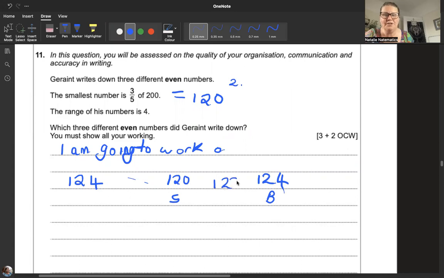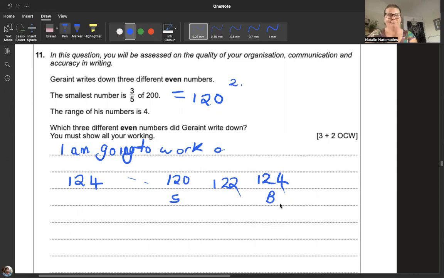Okay, so all you're doing really is explaining what you've done. Out loud, I would say: I am going to work out the smallest number. This is 3/5 of 200, which is equal to 120. As the range is the biggest number take away the smallest number, the biggest number must be 124.